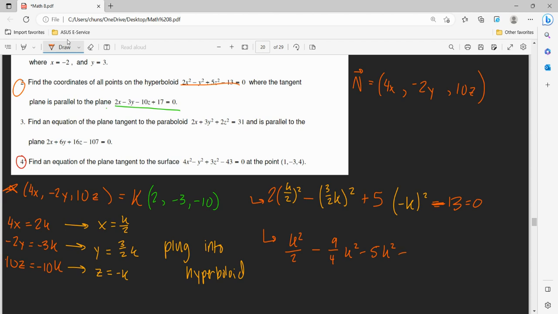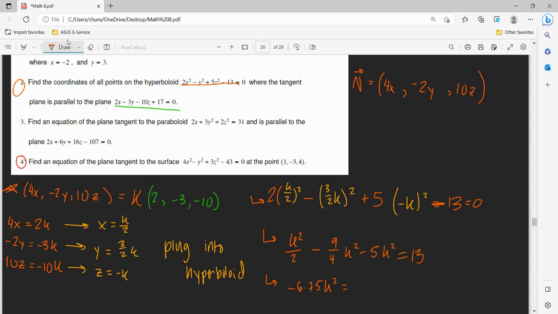Actually, I'm going to put equals 13, I'm going to move that 13 over. So this is 1 over 2 minus 9 over 4 minus 5, which is equal to negative 6.75.